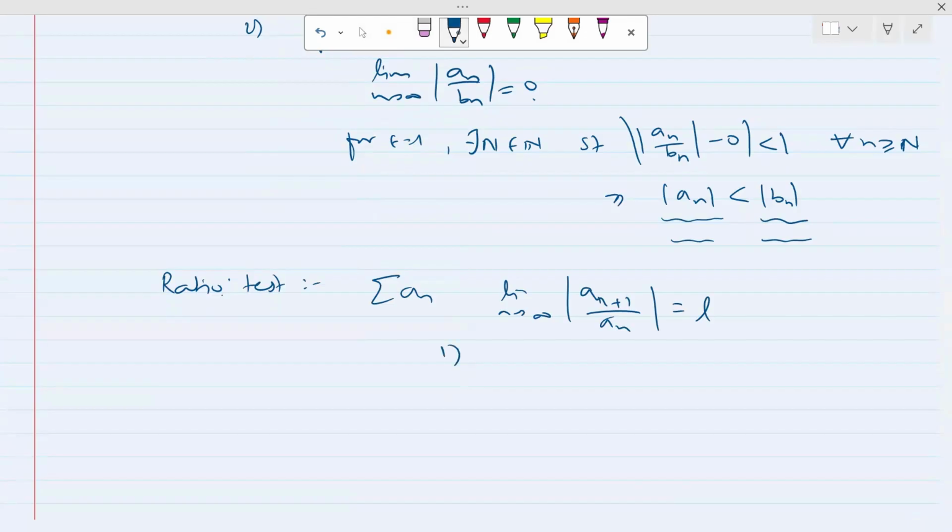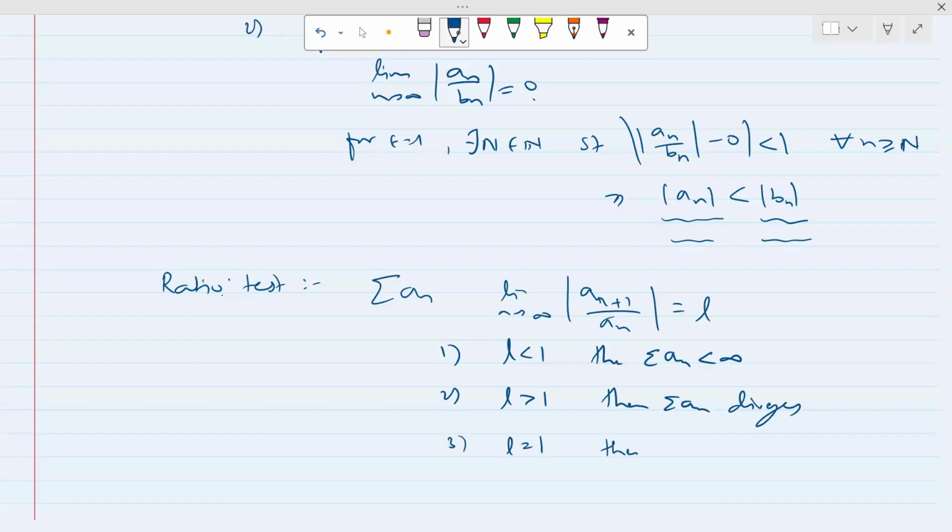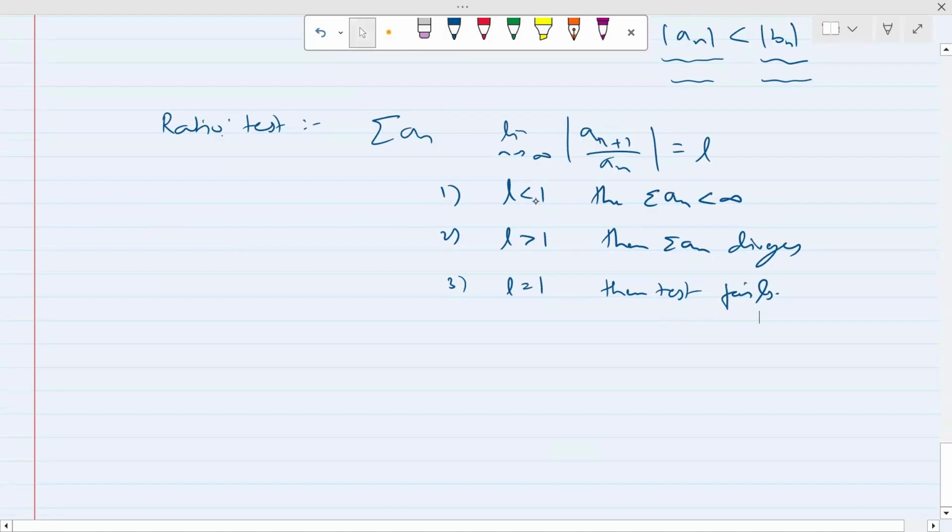The first condition, if L is less than 1, then the series converges. If L is greater than 1, then the series diverges. And third, if L is equal to 1, then the series may or may not converge. So that means the test fails.